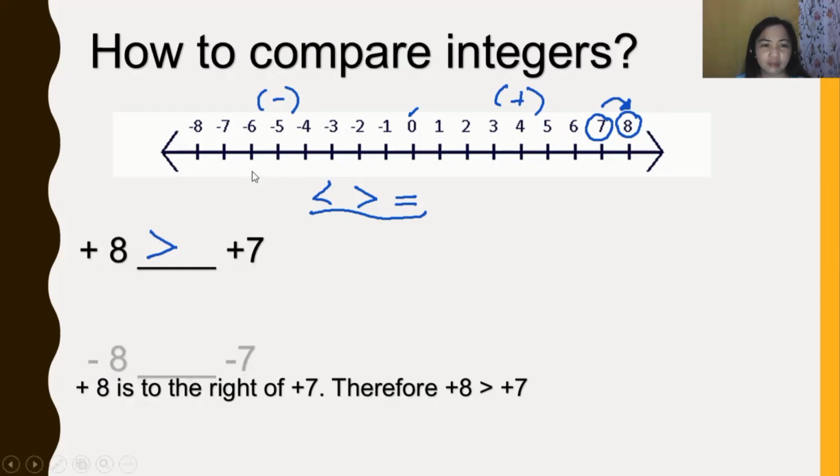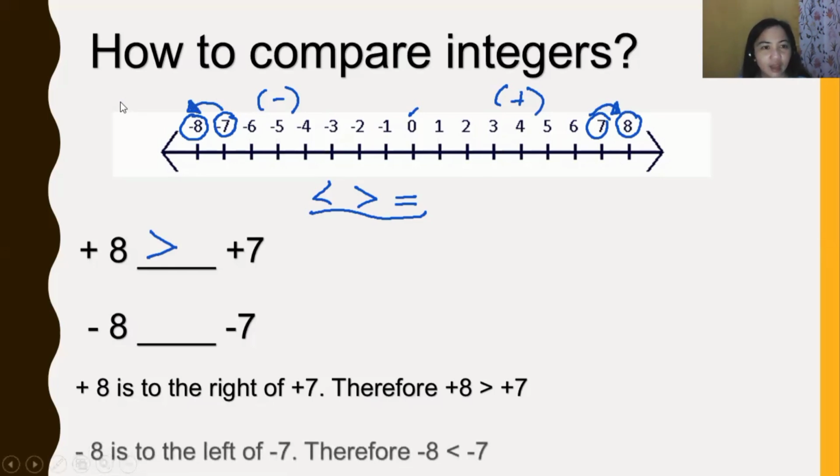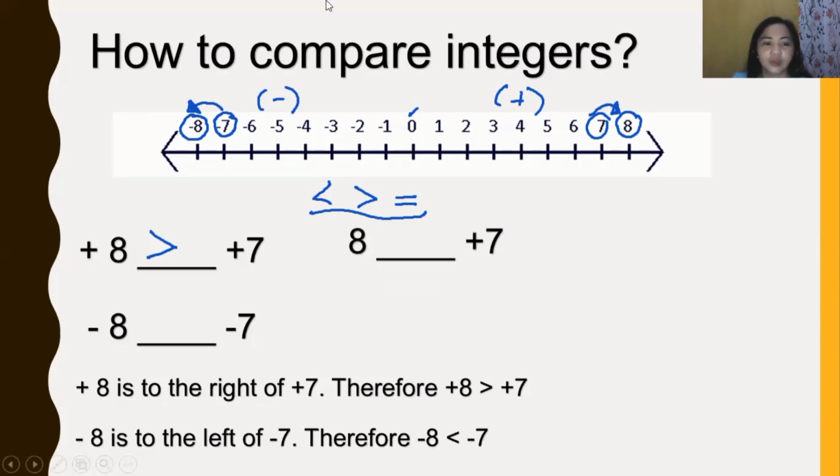Let's have another example. Negative 8 blank negative 7. Kung mapapansin nyo, nabaliktad naman sila, negative 8, tapos ito naman yung negative 7. Now we have negative 8 is to the left of negative 7.